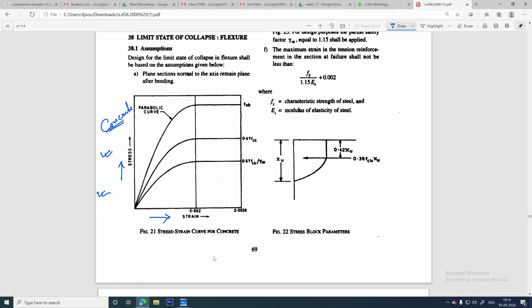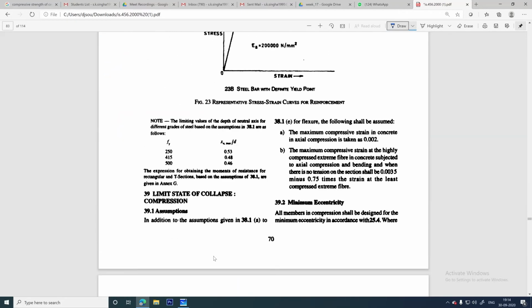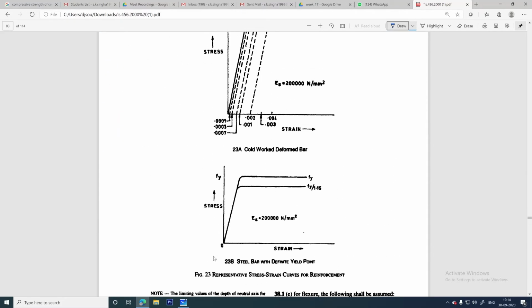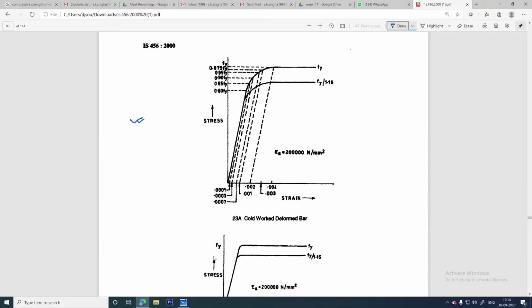Now if you need to determine the stress for the steel, then you need to follow this diagram. If you have torsteel, generally we have torsteel Fe415. In this direction you have the strain value and in this direction you have the stress value. Depending on the value of the strain you can determine the stress.